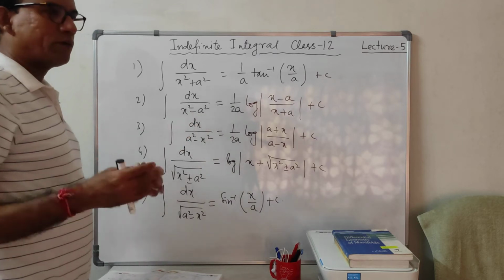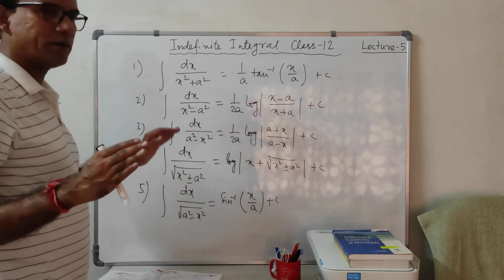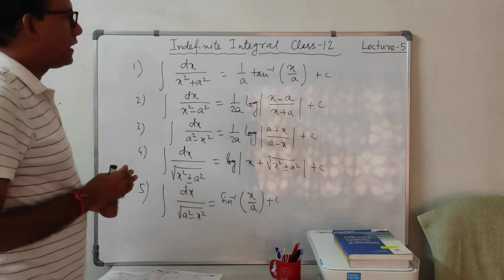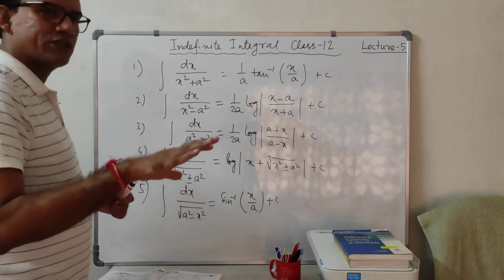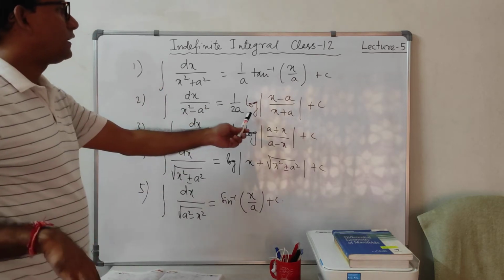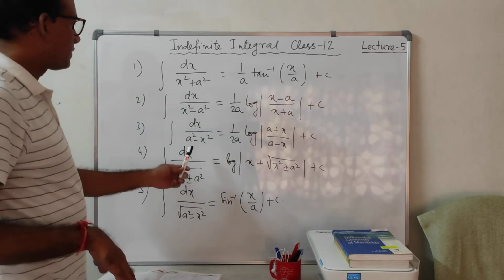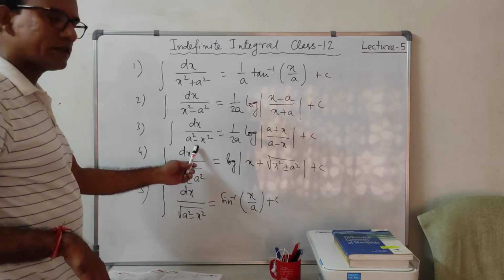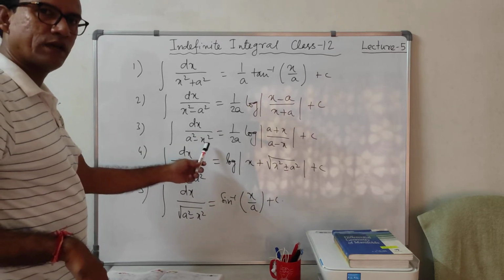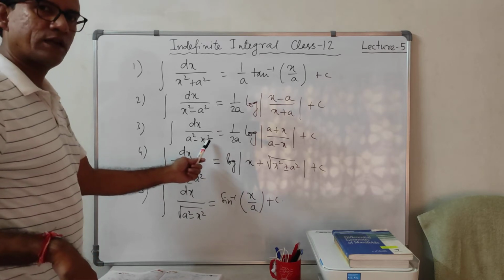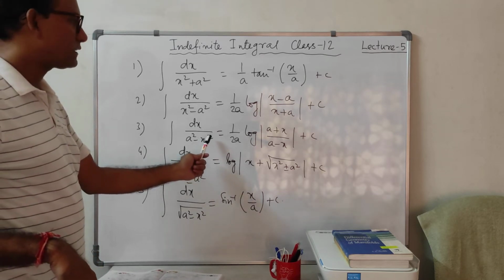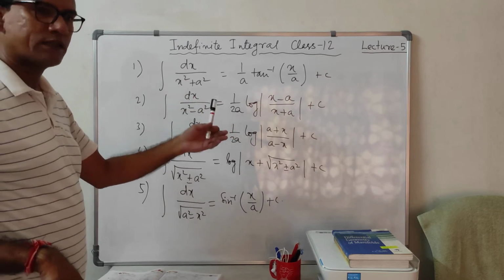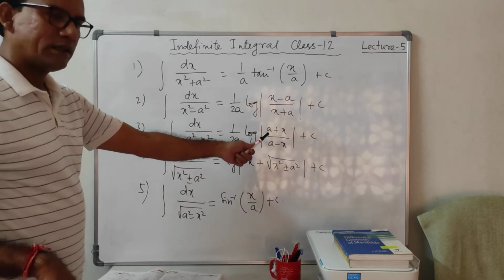Then you have to split 1 by x plus a into x minus a in partial fractions, and then you can get this result. Similarly, you have to take partial fractions of 1 by a square minus x square. First, write a square minus x square as a plus x into a minus x, and write partial fractions. Then you will get this.